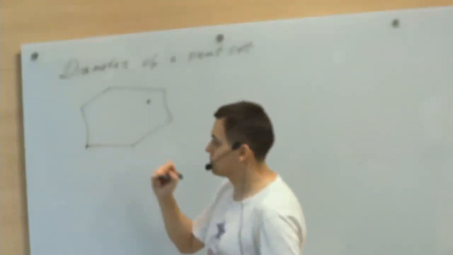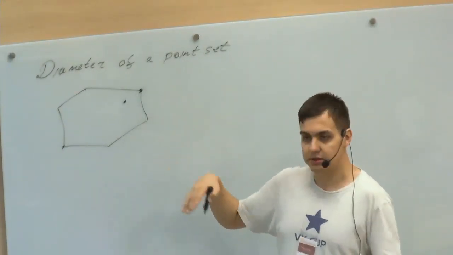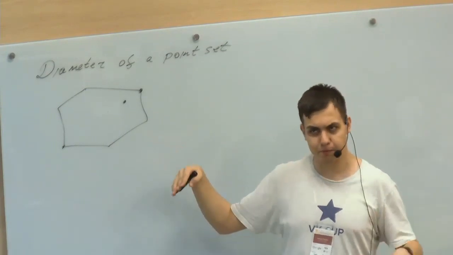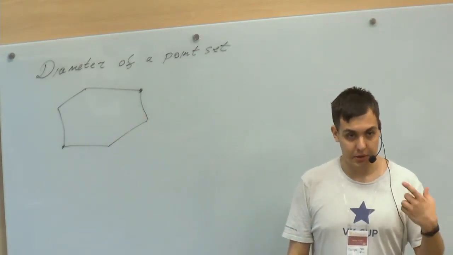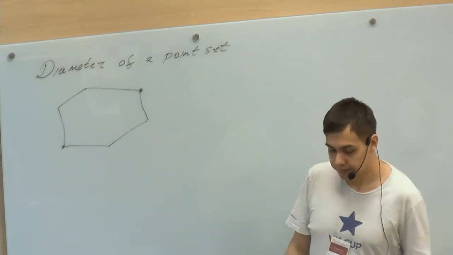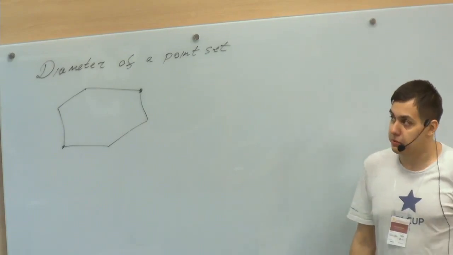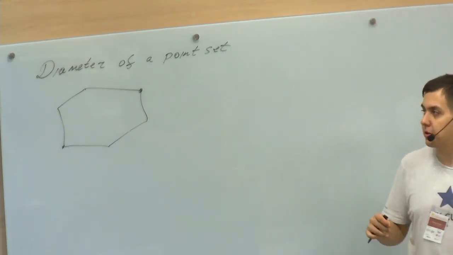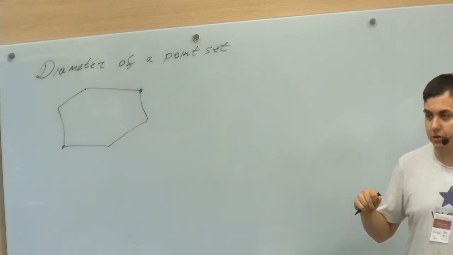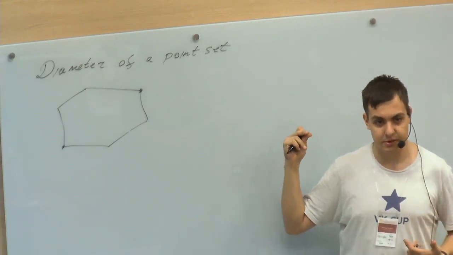For example, if this was the larger distance, this is not. This is the larger. So for each point inside, we can replace it with some other point on the convex hull where the distance is greater. Okay, so if we have the convex hull, what is the algorithm to find the 2 farthest points on the convex hull?